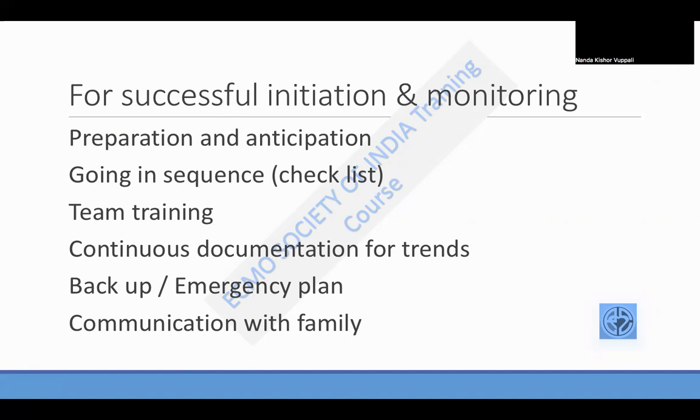There are going to be doctors, nurses, perfusionists, respiratory therapists. So we need to have coordinated teamwork for that. And we need to document these trends, what's happening with the patient as well as the ECMO circuit, and how they're correlating with each other.